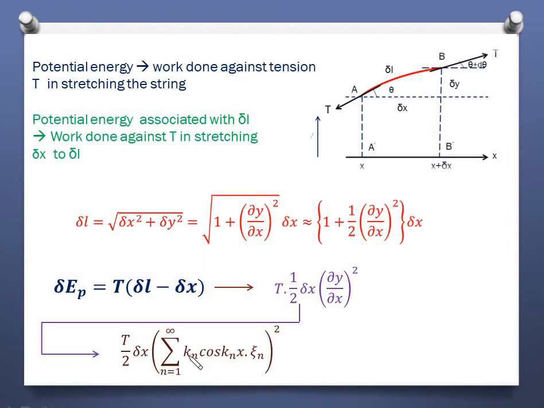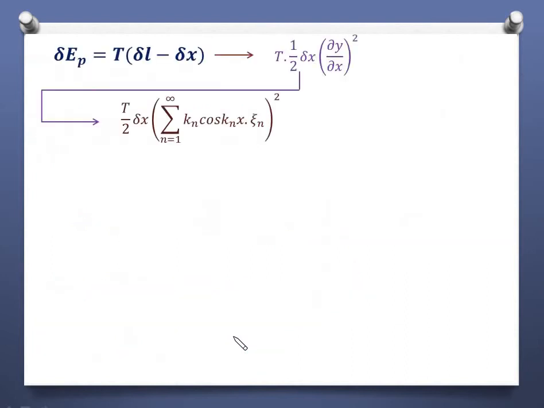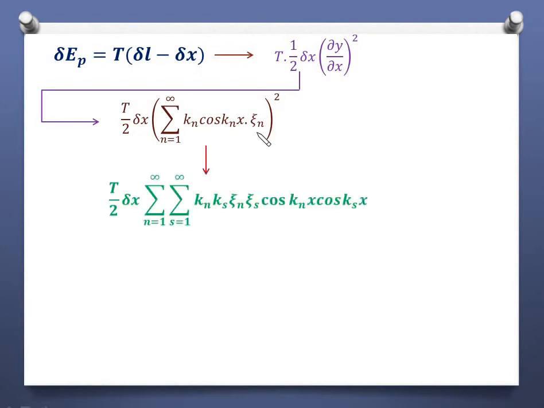So del Y del X becomes kn cos kn x xi n. So square of this. Now we have a square term of this. We need to write it 2 times, one with n indices, one with s indices. So we will have kn, ks, xi n, xi s, cos kn x, cos ks x.